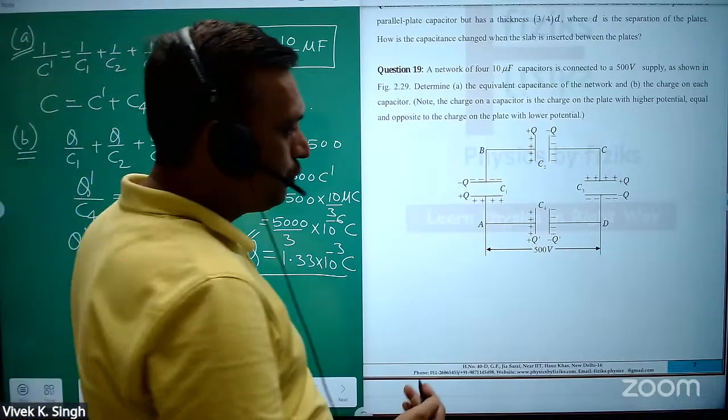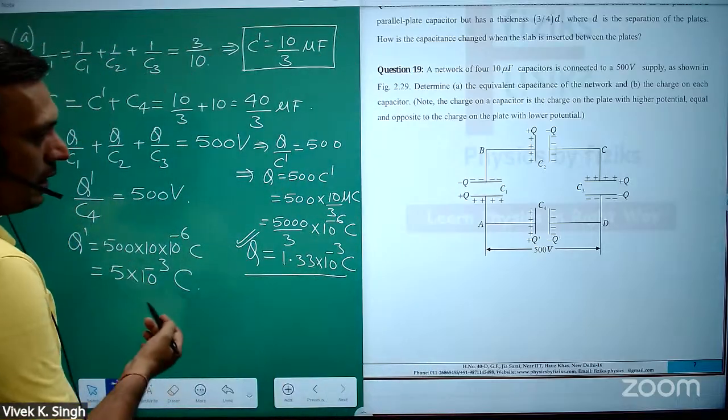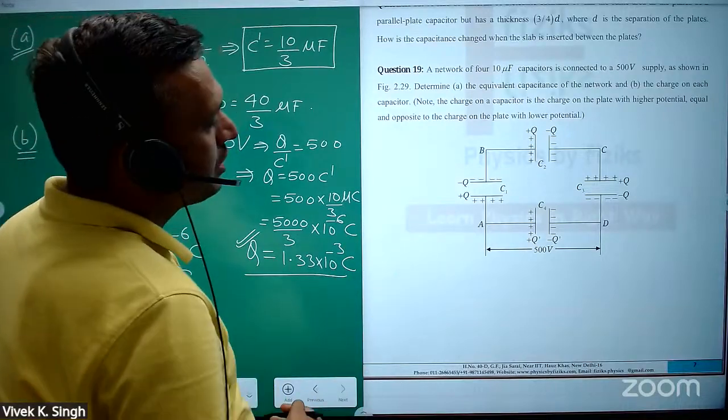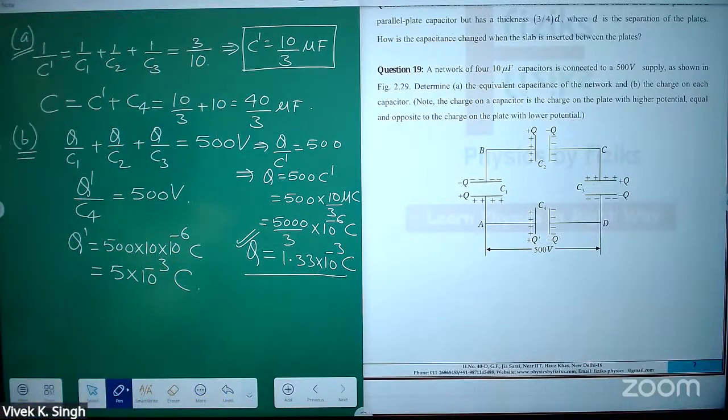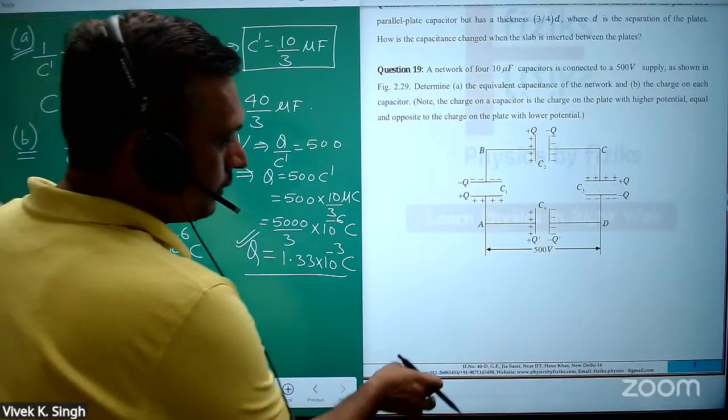So in this way you can find the charge on each capacitor. Clear?